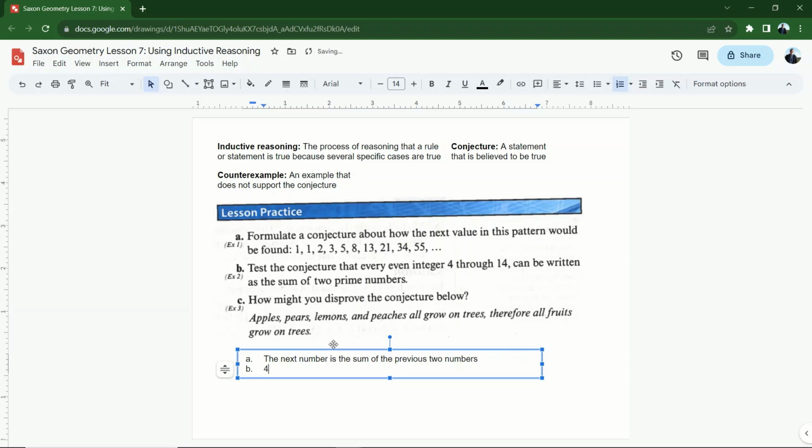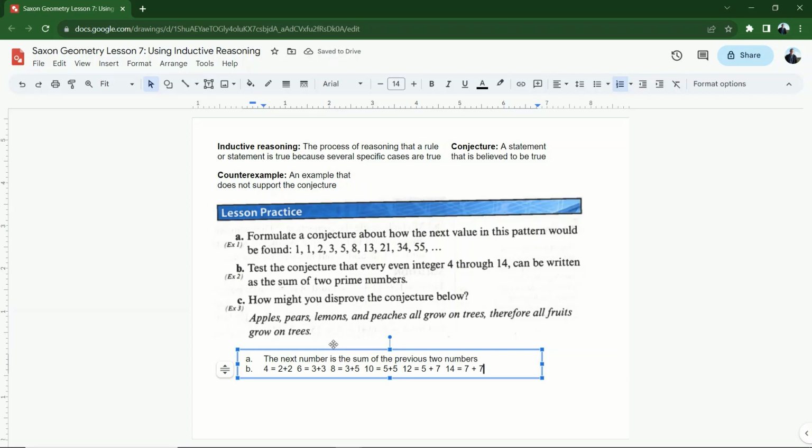Let's do that. 4 equals 2 plus 2; 2 is a prime number. 6 equals 3, a prime number, plus 3. 8 equals, let's see, 4 is not prime, but 3 is prime and 5 is prime. 10 equals 5 plus 5. Those are prime numbers. 12 equals 5 plus 7. Those are two prime numbers. And 14 equals 7 plus 7.